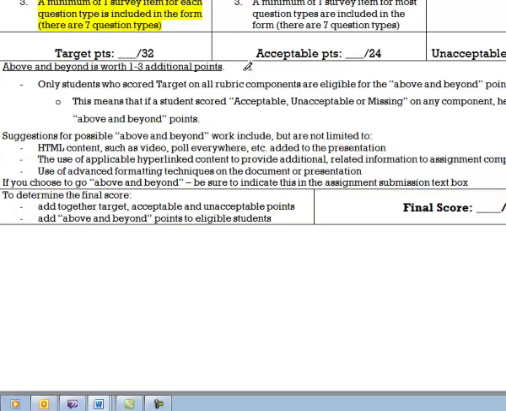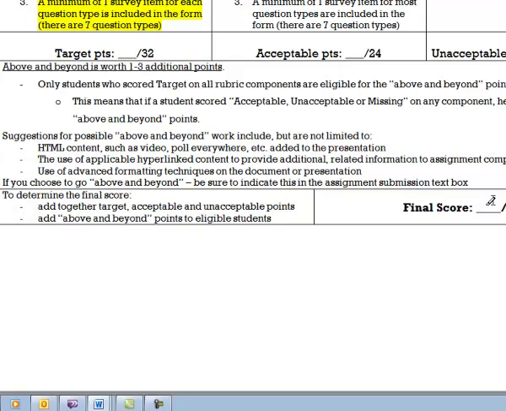So if one of the peers you assessed earned a target in every area, and if they indicated that they went above and beyond and gave you examples of what they did, then you would review their above and beyond components and determine if they earned 1 additional point or up to 3 additional points.